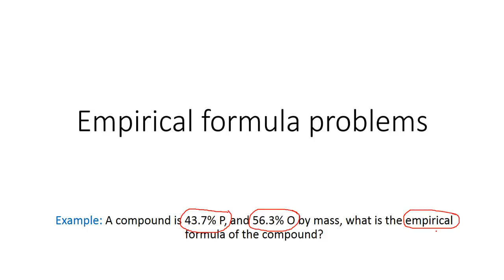So before we go on to answer the question, let us take note of the percentages given. And remember, in class we said that when given percentages you need to change them to mass. So let's see how this works.